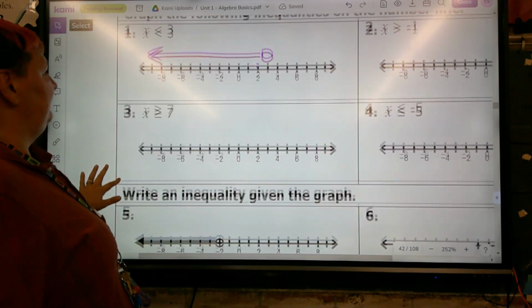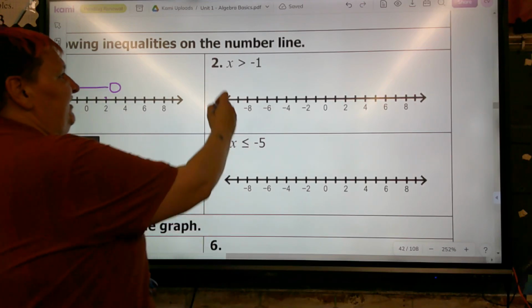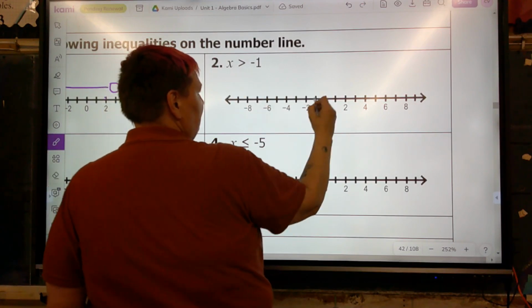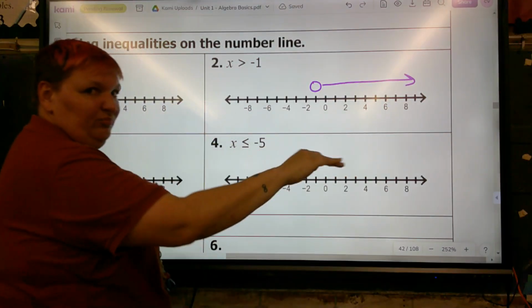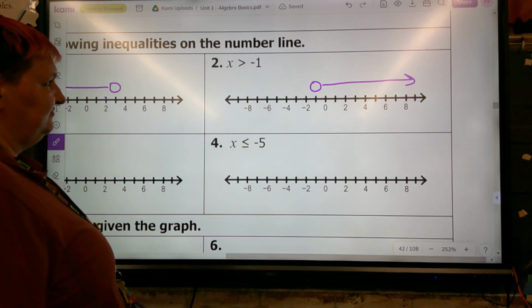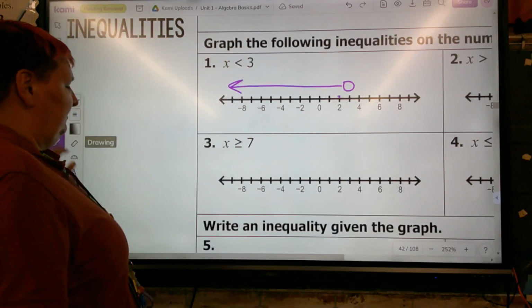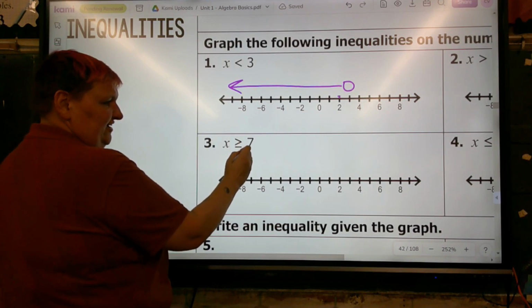All right, I'll do all 4 of these just because. This time X is greater than -1. Again, open circle, and it's greater than -1, so the arrow points to the right. X is greater than or equal to 7.